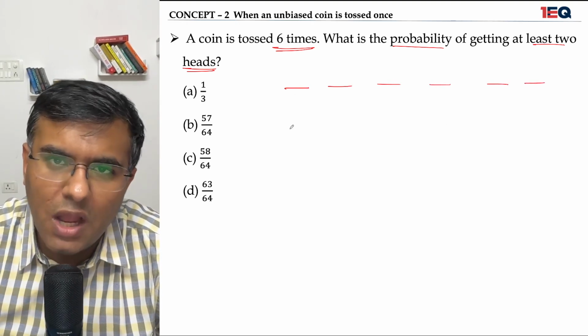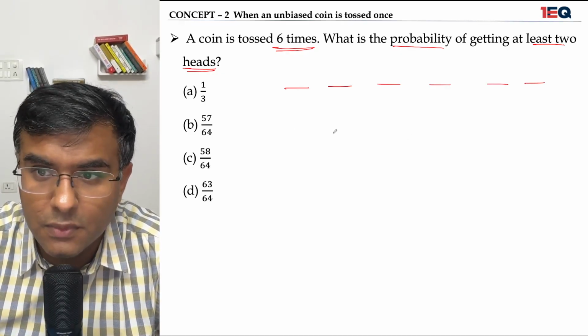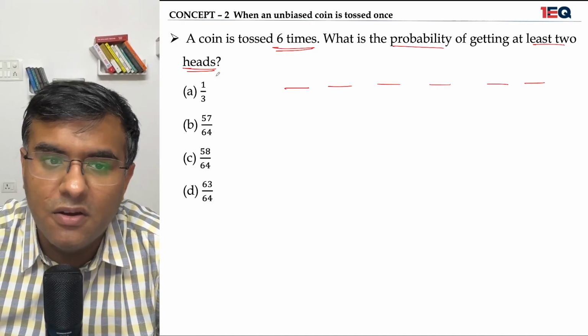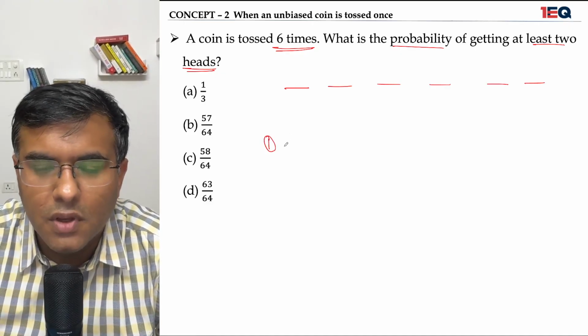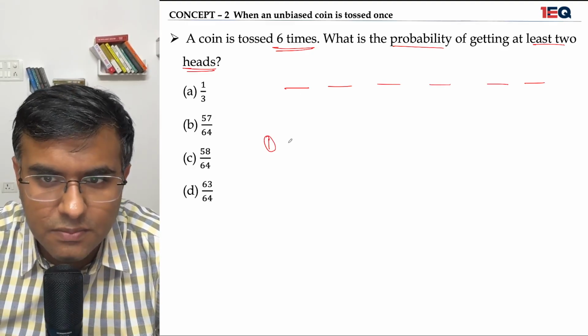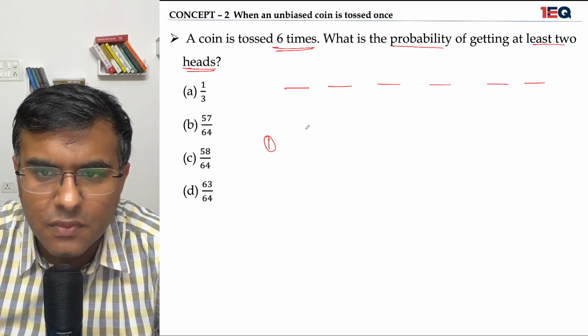So I would be dealing with it in a reverse engineering manner. What is the probability of getting at least two heads? Number one, you need at least two heads, right? So in the first situation, I'll talk about the unfavorable cases.